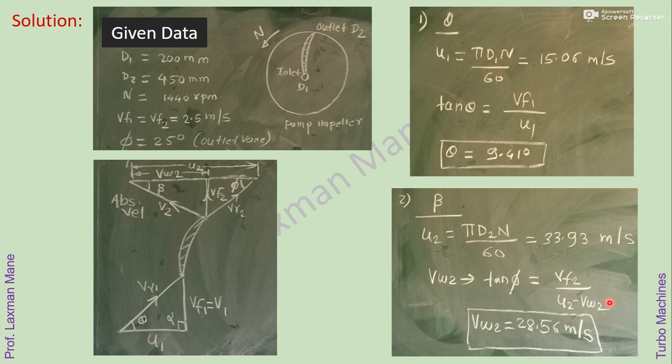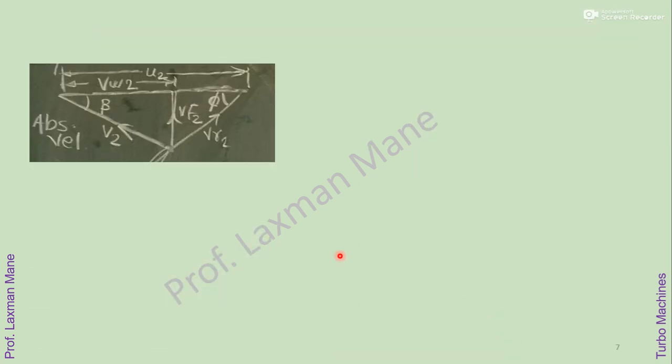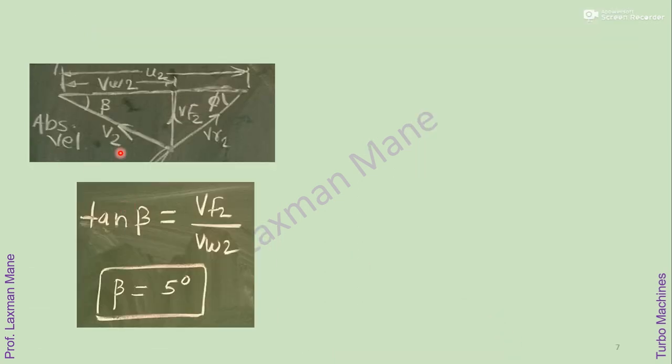So from this equation we find the value of Vw2. Here the values of phi, Vf2 and u2 are known. After that, using the outlet velocity triangle, tan beta is equal to Vf2 divided by Vw2. So putting these two values, we get the beta value.